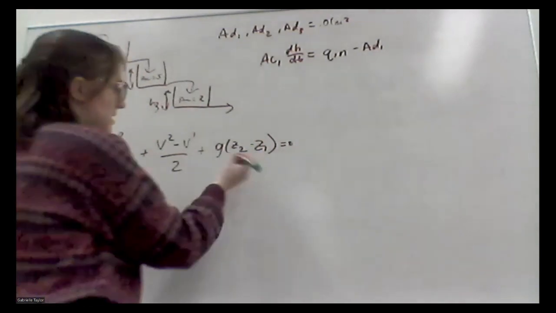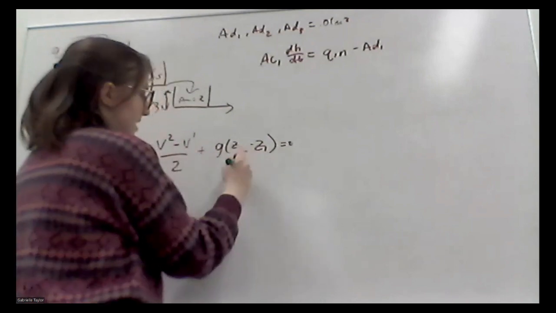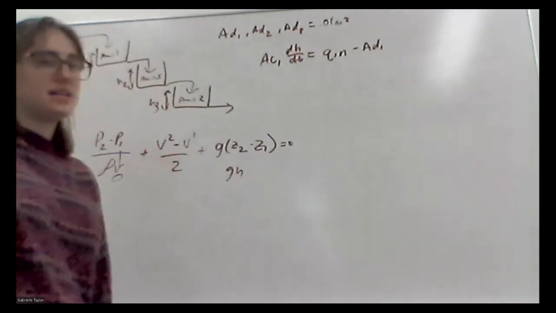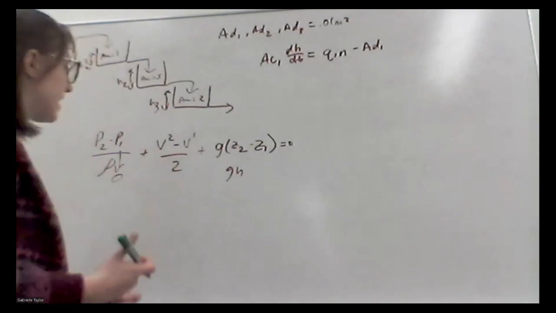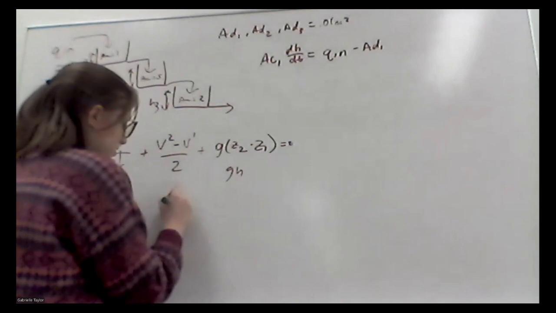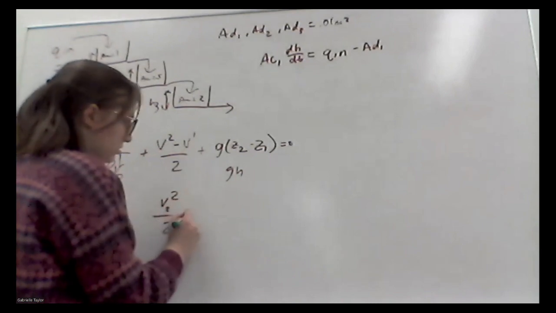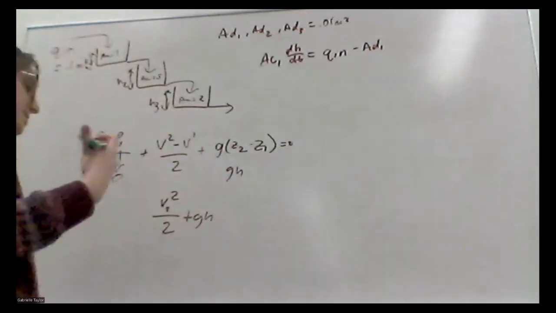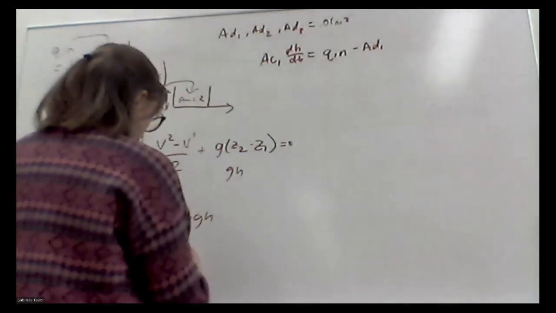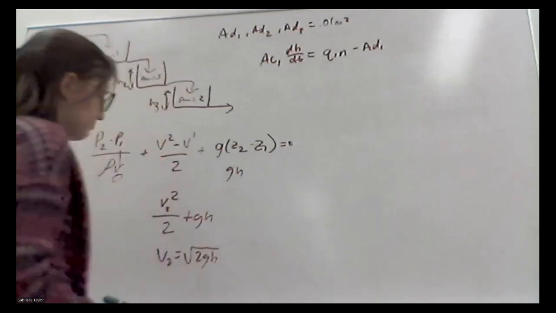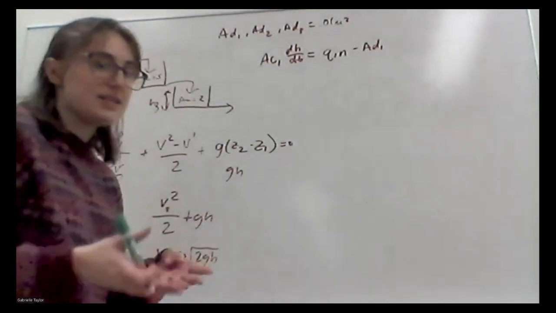The Z difference can just be the height, so it's going to be GH. The velocity inside our tank is not changing, so we just have V2 squared over 2 plus GH. If we move everything over and solve for V, V2 is going to equal the square root of 2GH. So now this is the velocity that's leaving the tank.